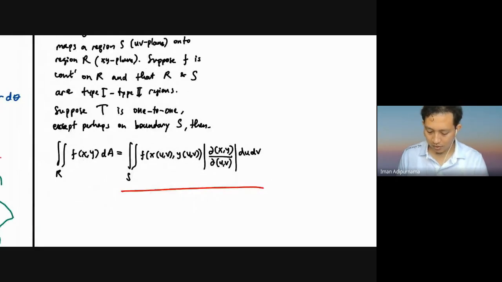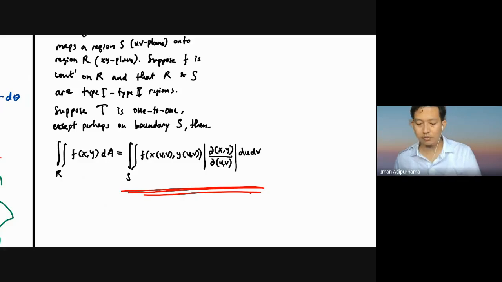So this is the new double integral using the Jacobian.